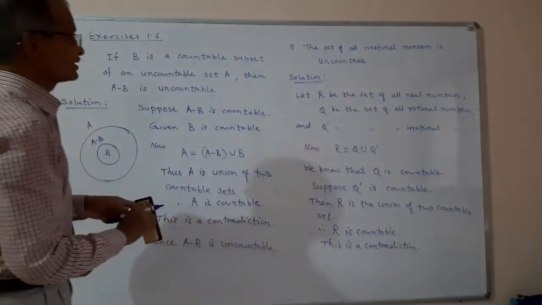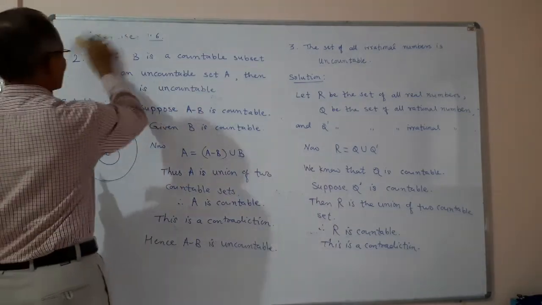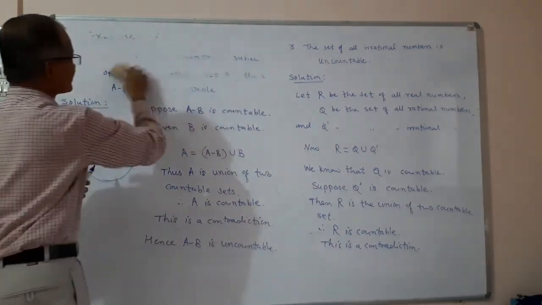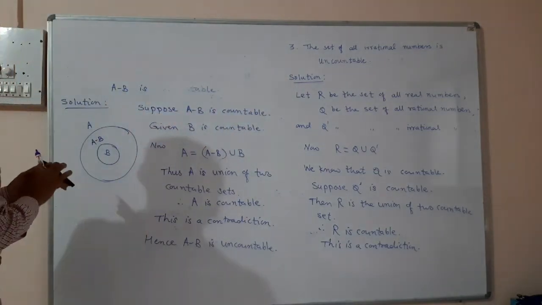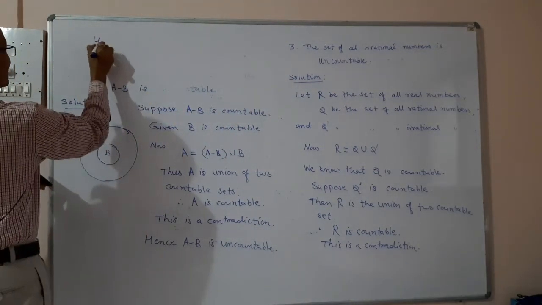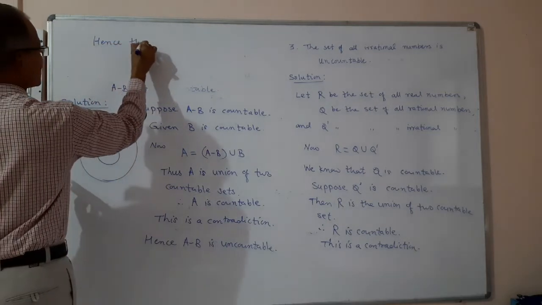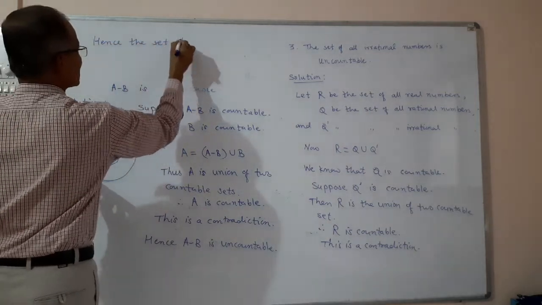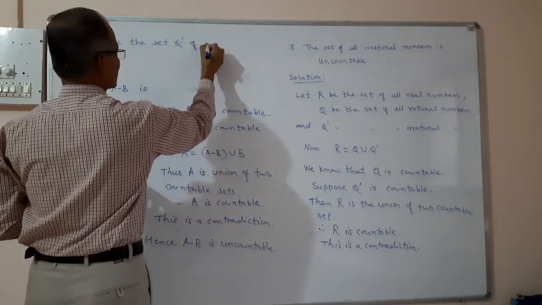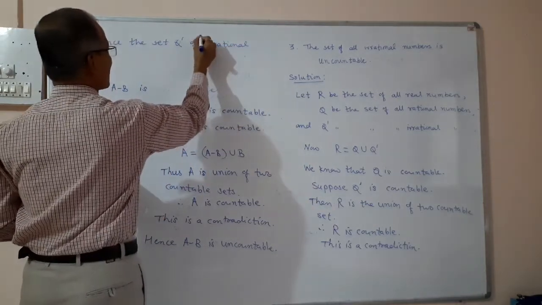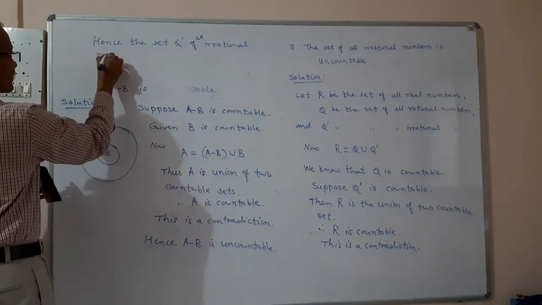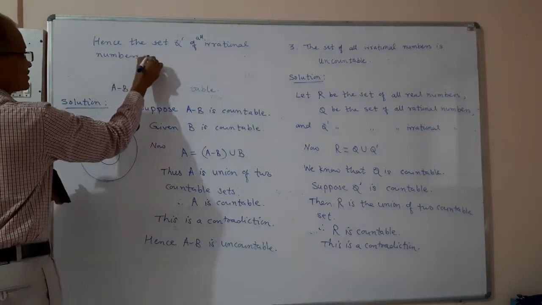Hence the set of irrational numbers Q dash is uncountable, or all irrational numbers are uncountable.